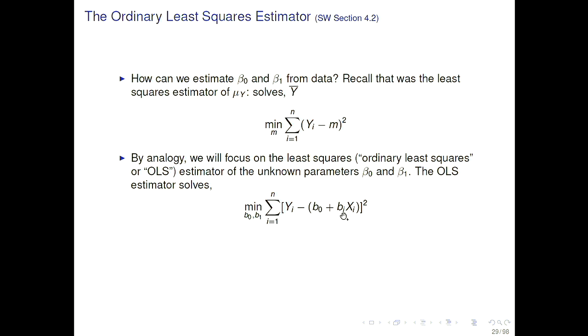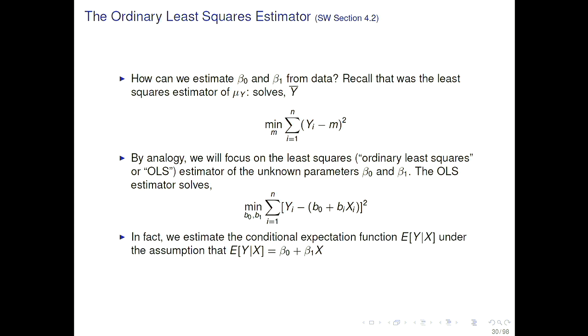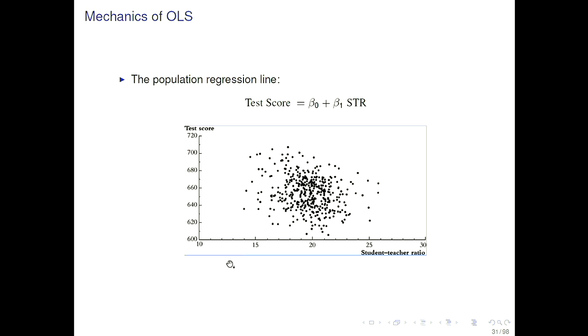This is not bi. So if you solve this minimization problem with respect to b0 and b1, then that becomes the solution, which is called the OLS estimator. And by doing that, we are estimating this population conditional expectation function.